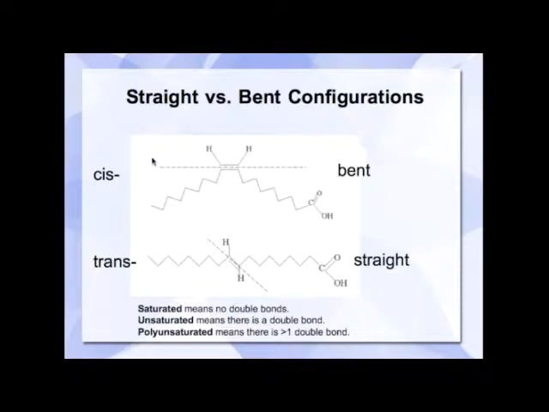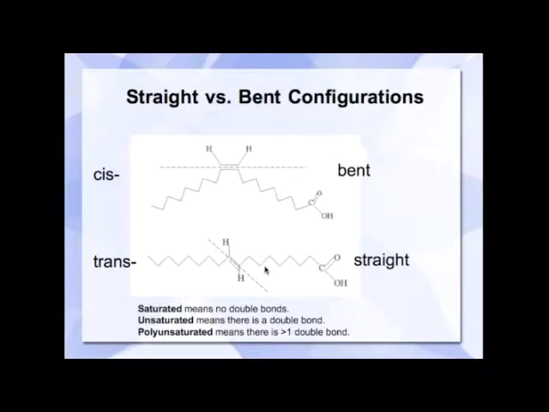If you draw a dotted line down the middle of the double bond, you will find that the hydrogen atoms are either on the same side of the dotted line or on opposite sides of the dotted line. Conversely, the same goes for the zigzag carbon chain part. The zigzags are either both on the same side of the dotted line or on opposite sides.